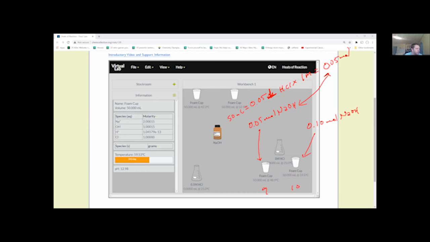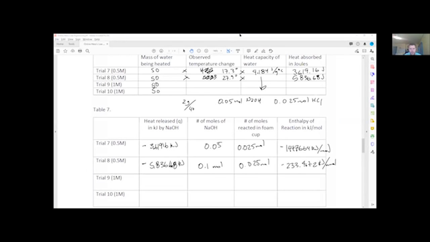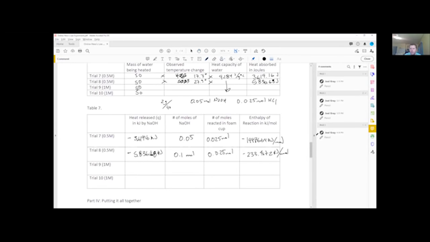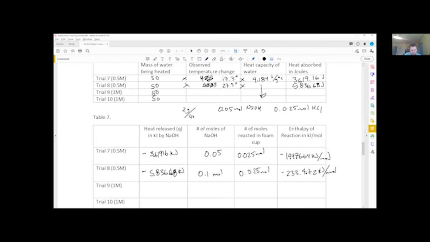Now I want to go ahead and clear my writing here and switch my screen. Now I've got all my data on my other screen, so I'm just going to look at that and transcribe it. For trial number 9, my perfect molar ratio, I saw my temperature go up from 25 to 48.9 degrees.